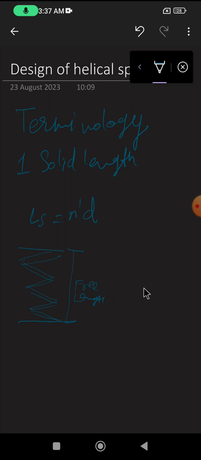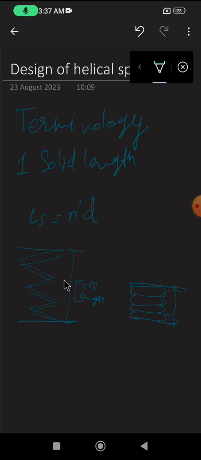And if it is fully compressed, then the spring will look like this. So this is called compressed length. In compressed length you can see we have to count the number of coils, 1 2 3 4, and multiply with the diameter of the coil. So that is called solid length.